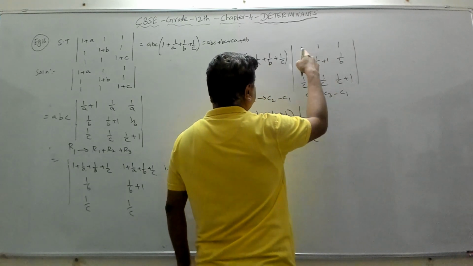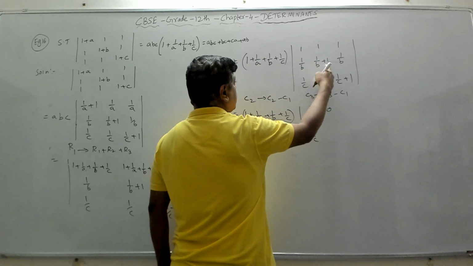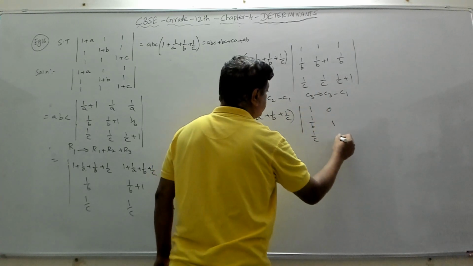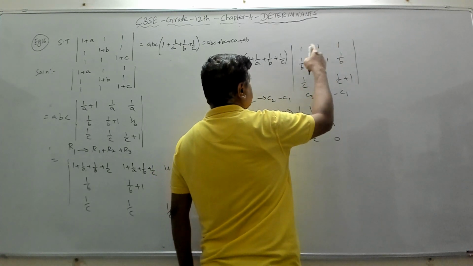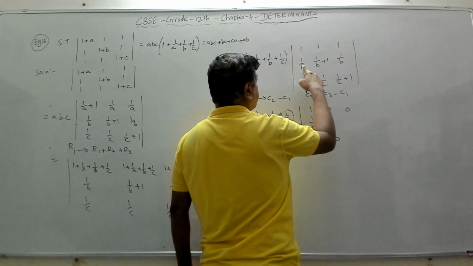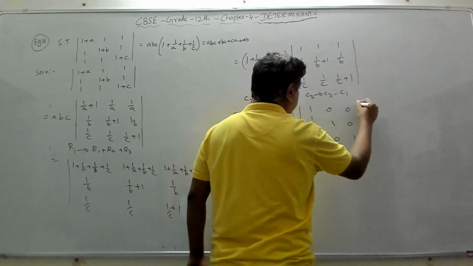Then 1 minus 1 is 0, and 1 by b plus 1 minus 1 by b is 1, then this minus this gives 0. Again C3 minus C1: 1 minus 1 is 0, 1 by b minus 1 by b is 0, and 1 by c plus 1 minus 1 by c gives 1.